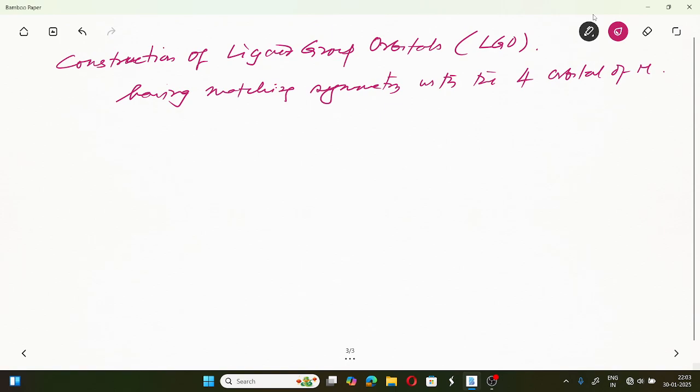So if you look at this octahedral complex, now the question is how to construct the group orbitals. See, if you look at these octahedral complexes carefully, say suppose this is the x-axis, this is the y-axis, and this is the z-axis.